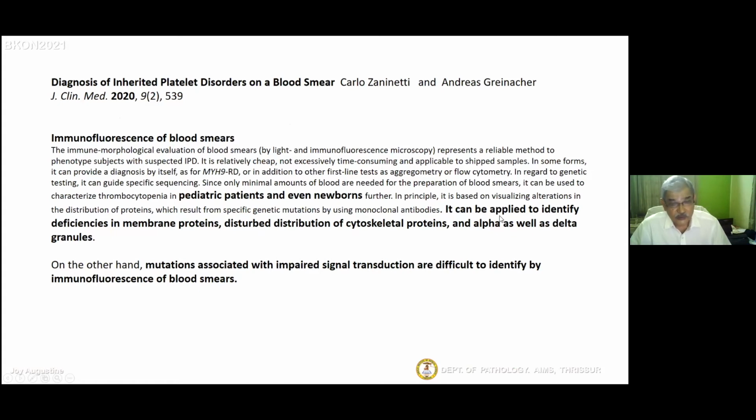You can also demonstrate the absence of alpha and delta granules. But if the disease is manifested by impaired signal transduction, it's difficult to identify it on an immunofluorescence smear. I'll show you a slide of this.